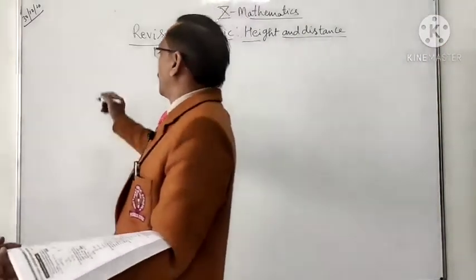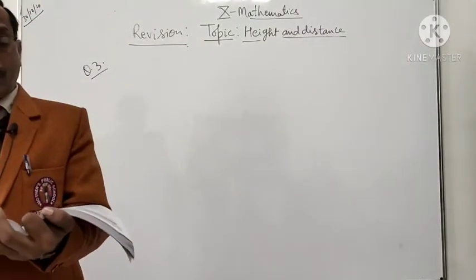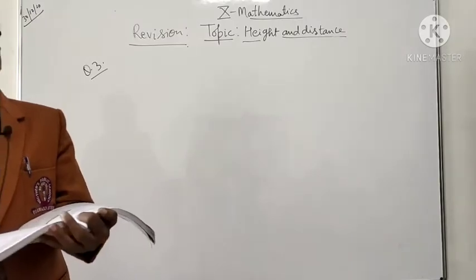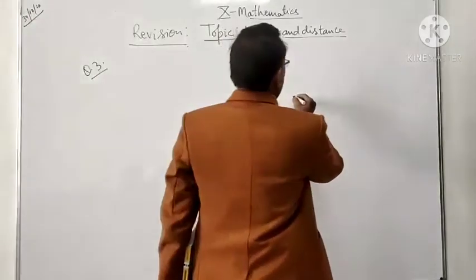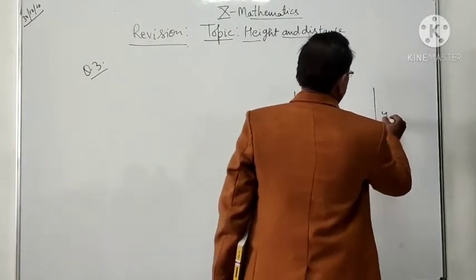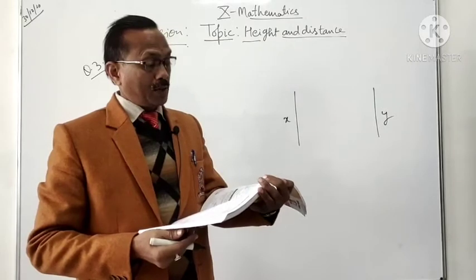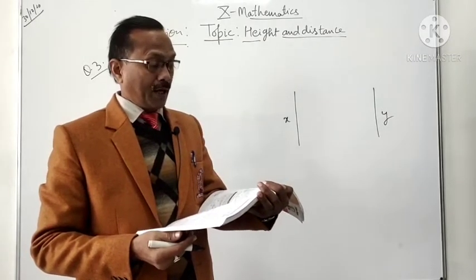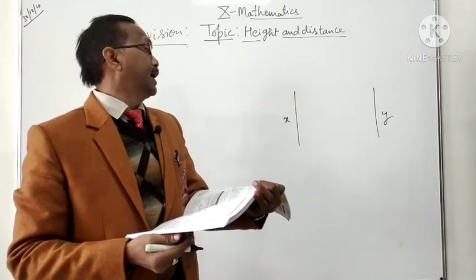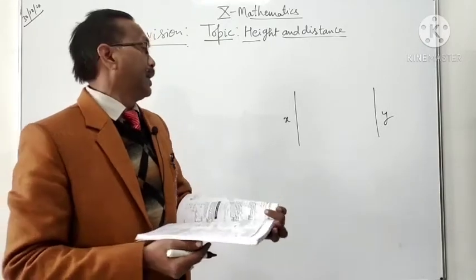Now, student, next is question 3. The tops of two towers of height x and y standing on level ground subtend angles of 30 degree and 60 degree respectively at the center of the line joining their feet.